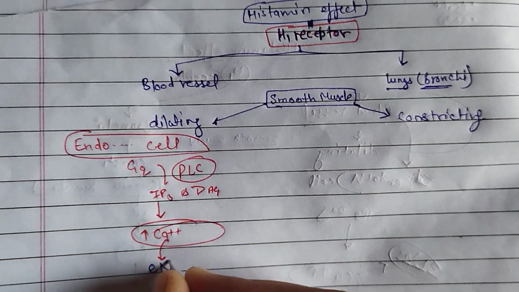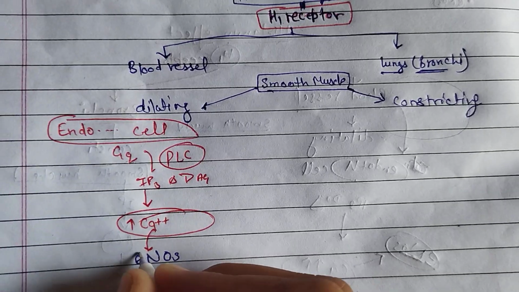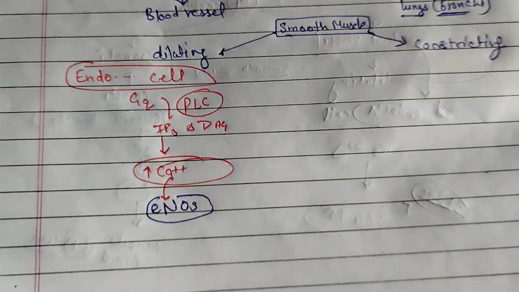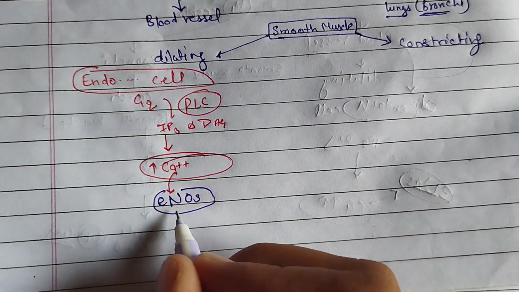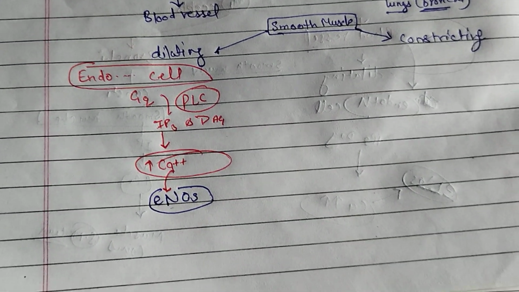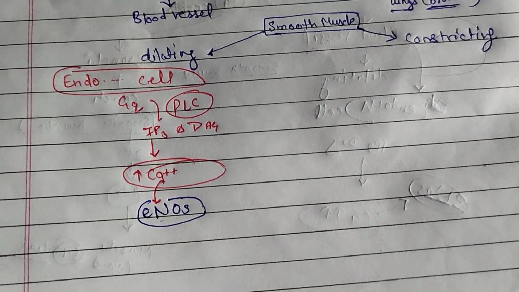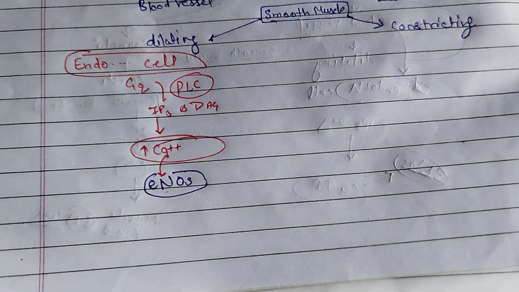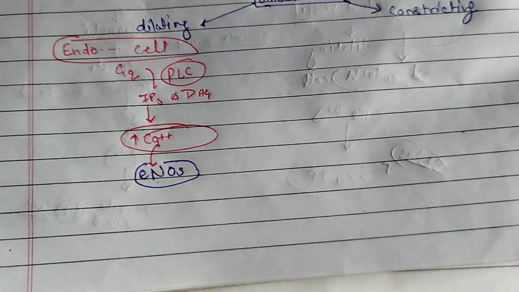eNOS. Now you must be wondering what it is, and if you are a good student you know what it is. eNOS is endothelial nitric oxide synthase, and nitric oxide is one of the mediators which will cause vasodilation or muscle dilation.